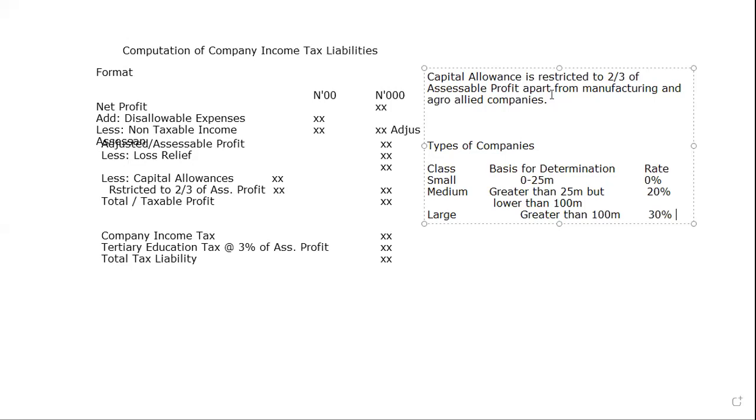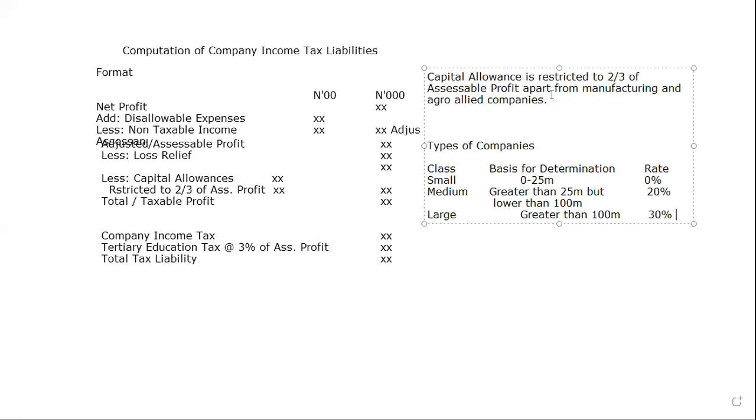Does the 2.5 on the TET mean it's only applicable for 2022 and 2023?